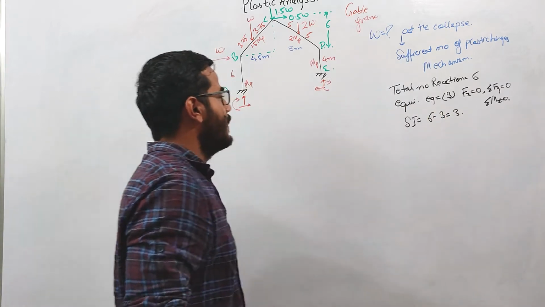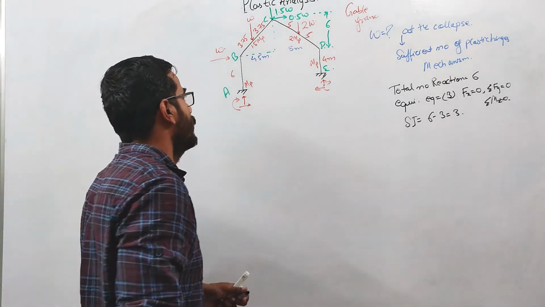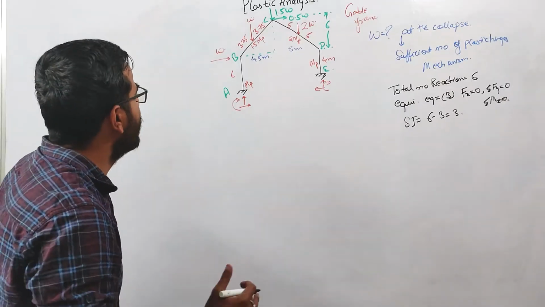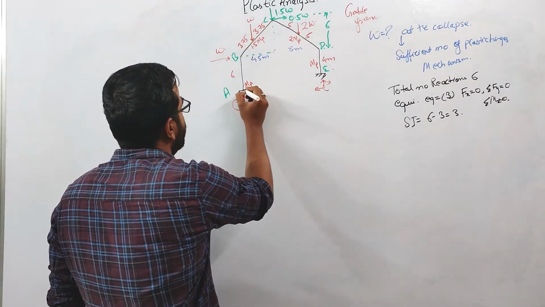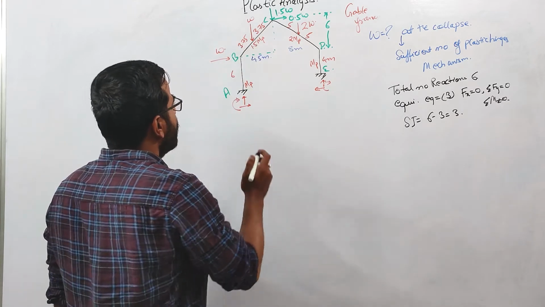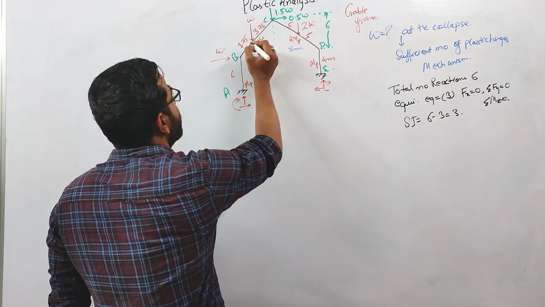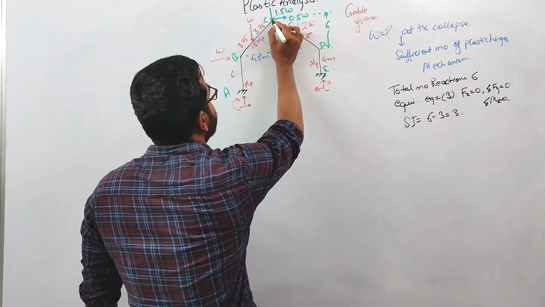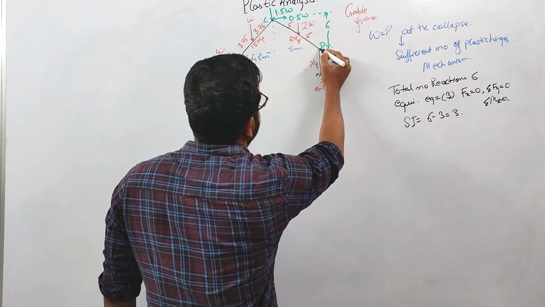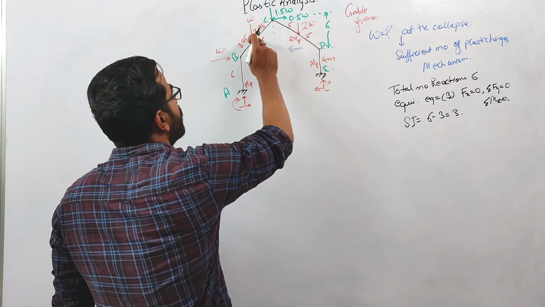Next step is to calculate the locations where plastic hinges can form. Plastic hinges can form where there are peak bending moments, and the peak bending moments will occur at the supports, at the joints, or under the point loads. So plastic hinges can form at this point A, this point B, under this point load, at this point C, and again at these points. The total number of points is 1, 2, 3, 4, 5, 6, 7.